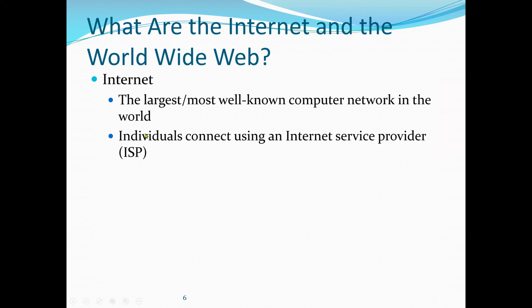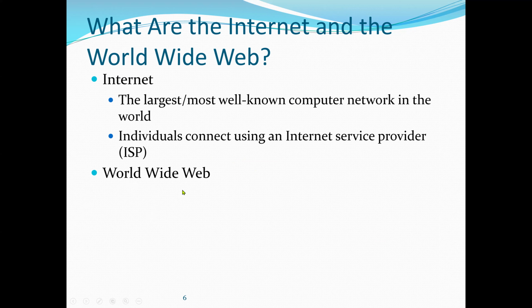Individuals connect using an internet service provider, which we call the ISP. For example, if I want to use the internet, I need to subscribe to a provider, an internet service provider. Examples would be Optimum, AT&T, etc.